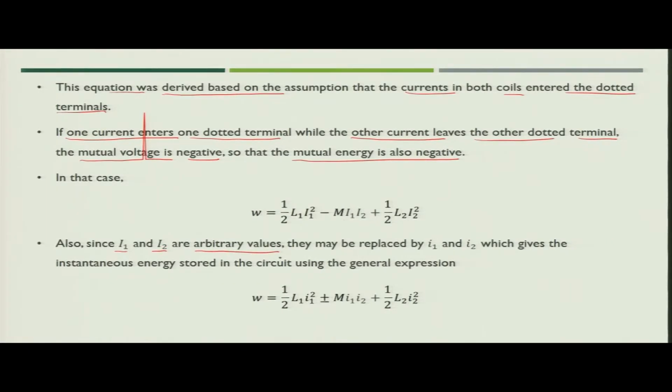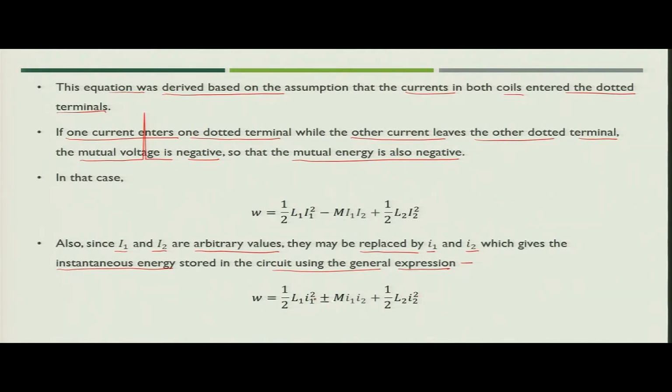So, we can replace them with any other values, like we replace with generic I1 I2 symbols. So, what we can write, the instantaneous energy which will be stored in the circuit can be given by a general expression, and the general expression is W equal to half I1 square into L1 plus minus M I1 I2 plus half L2 I2 square.